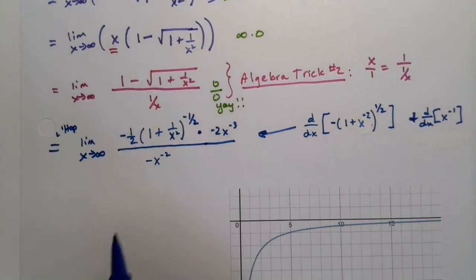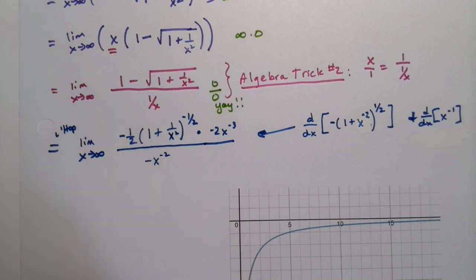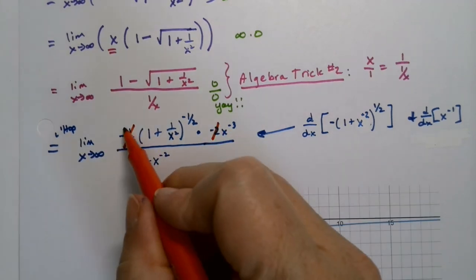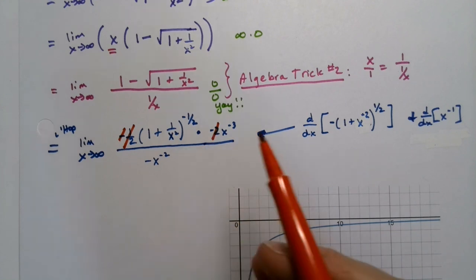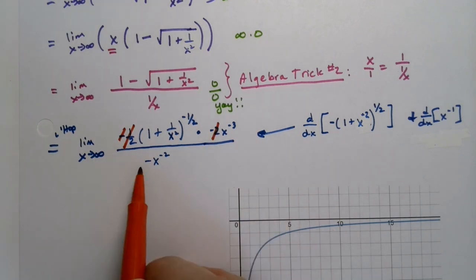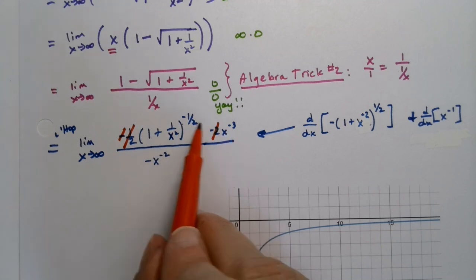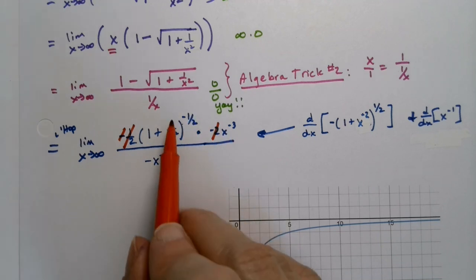Okay, so, well, I need to use some algebra. All right, so the negative 1/2 and the negative 2. So this one and this one kind of cancel each other out. And they cancel the negatives too, because negative times a negative makes it positive. That's lovely. Negative powers really belong in other places. So these two things with the negative powers can go down, and this one with the negative power can go up.